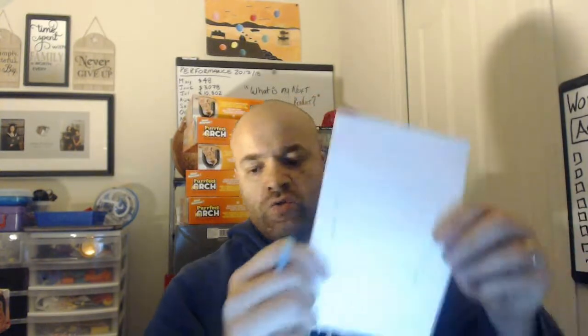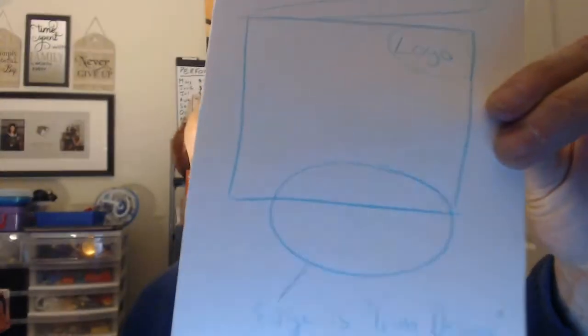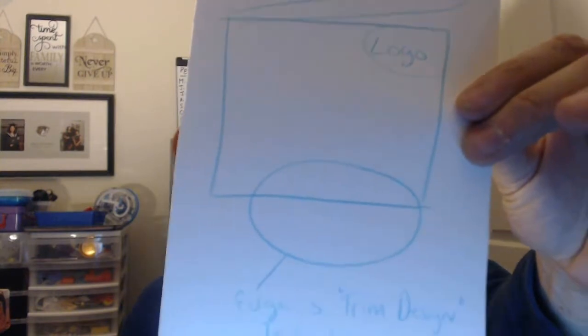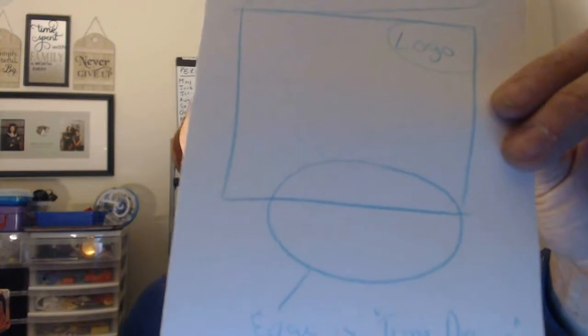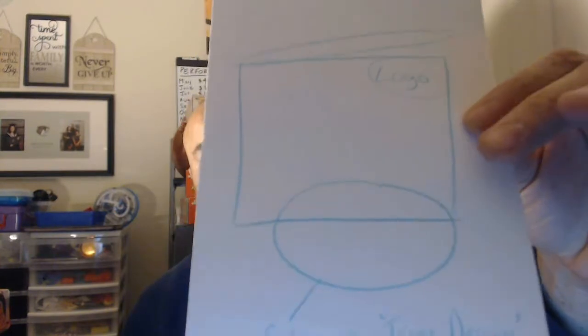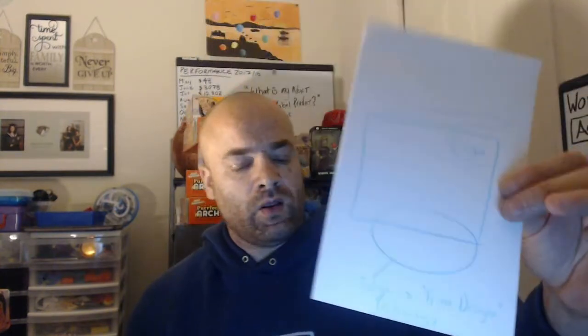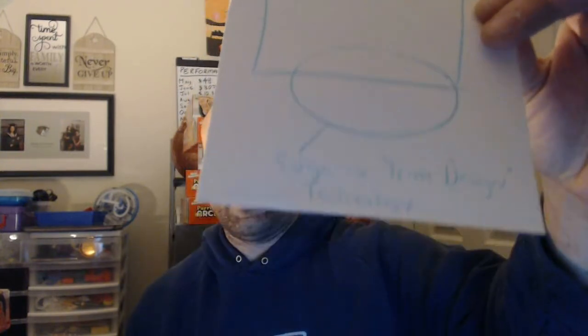So now my wallet has my logo there, and then a zoom in. I've literally taken a photo of this and illustrated it to my Fiverr guy and said, when you create a photo of my wallet in Photoshop, I want you to zoom in on this part, and then give a paragraph called trim design, and I give him a write-up. That's how far you have to go with some of that stuff.